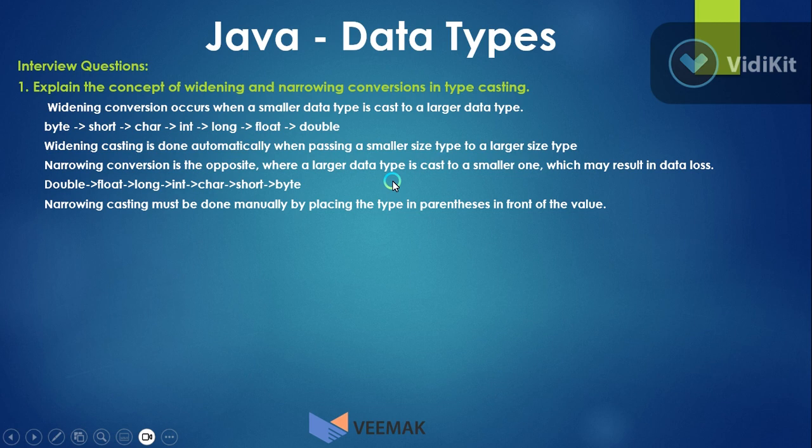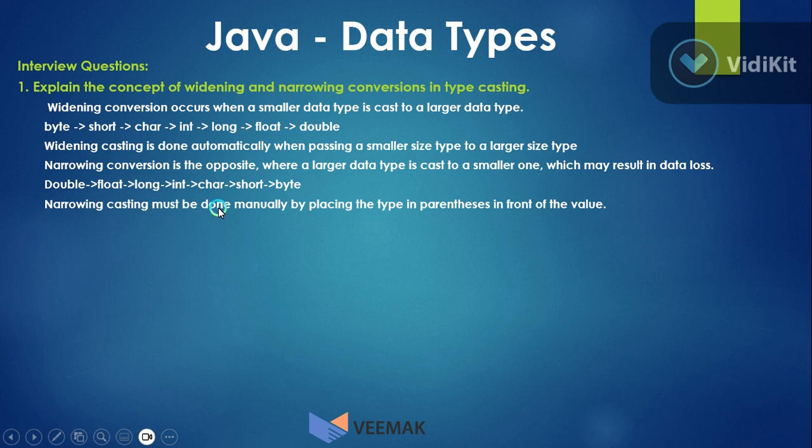Narrowing conversion is the opposite, where a larger data type is cast to a smaller one, which may result in data loss. Here, I'm going to convert double to float, long to int, char to short, short to byte. When short is converted to byte, this is a large data and this is a small one, so definitely the data will be lost.